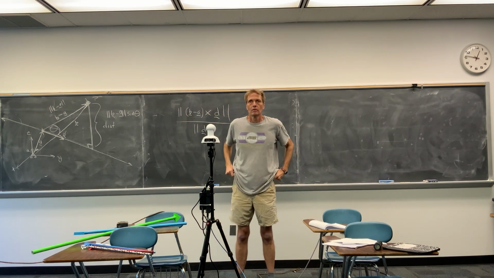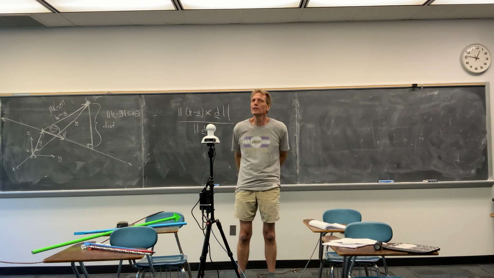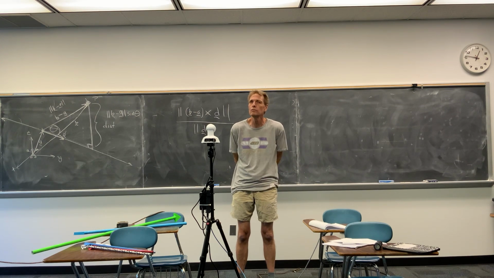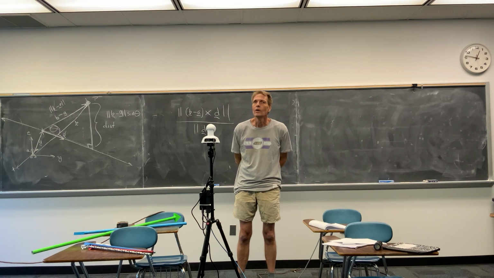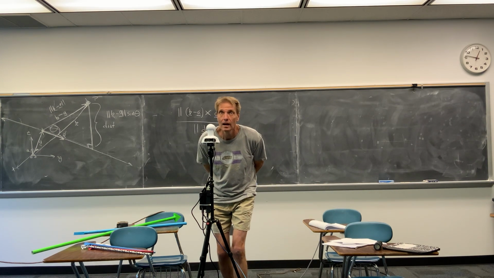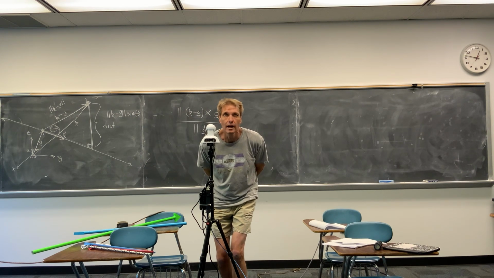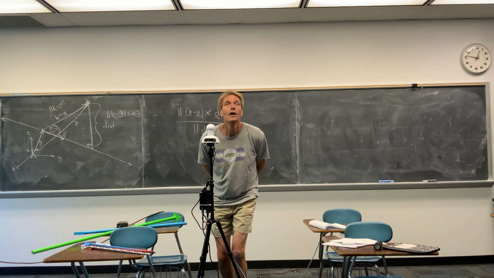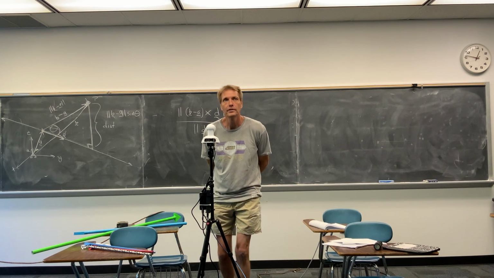What does D represent in that problem? When I say line, you say A plus tD. So what does D represent? The direction vector of your line. Very good, Gordon.